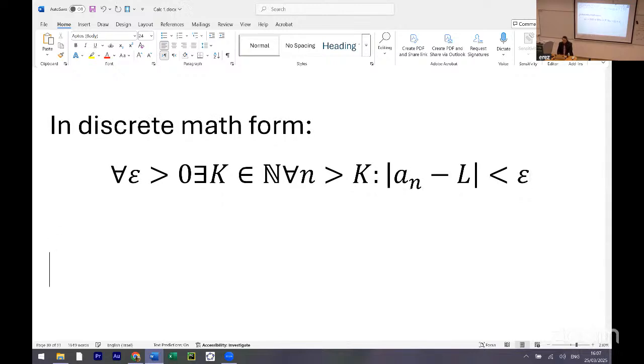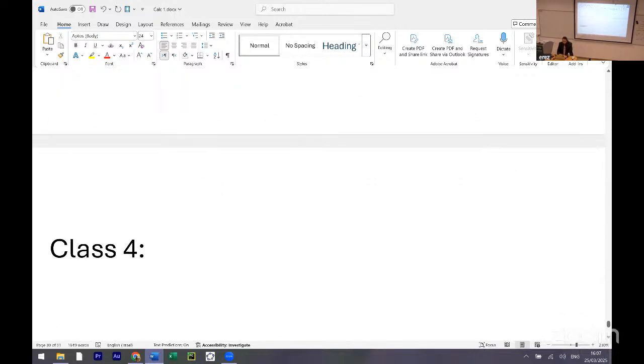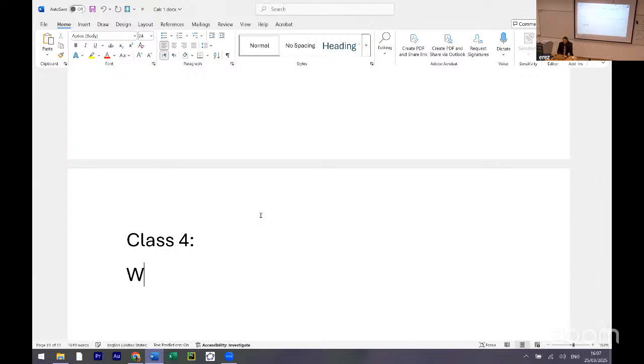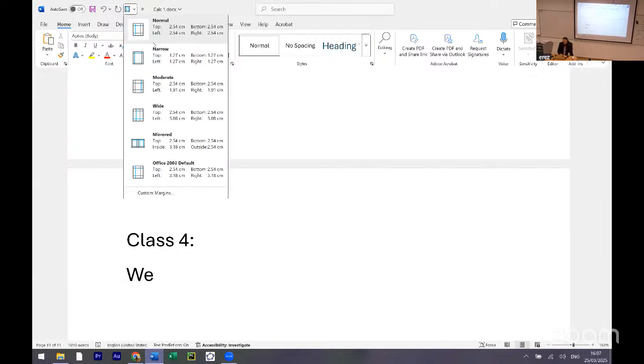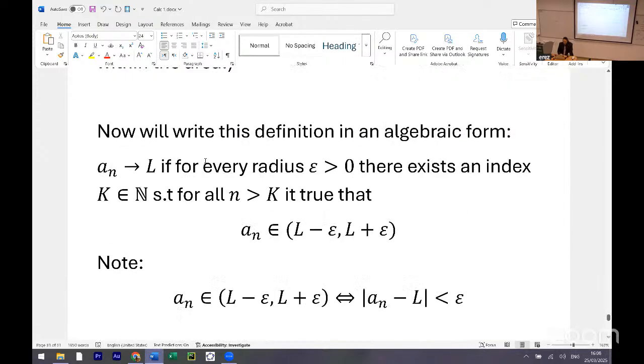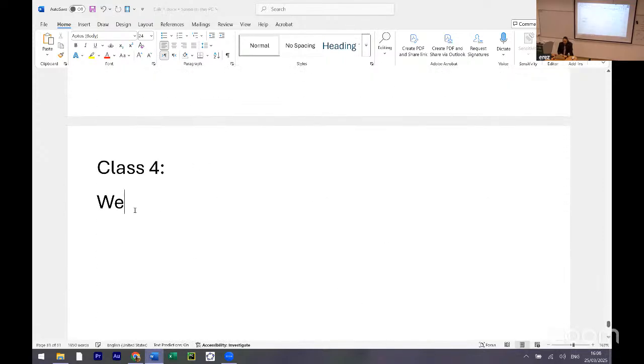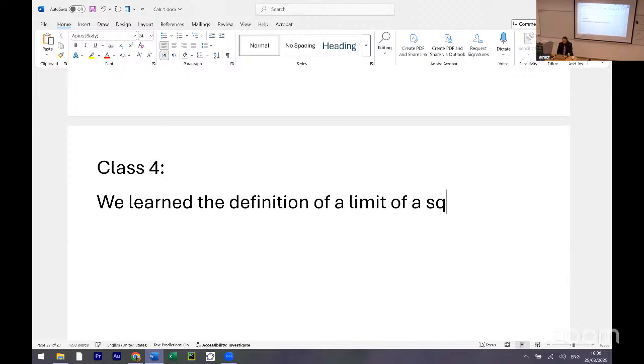Okay, so class 2, class 4. We learned, is it narrow? Didn't narrow this. Oh, okay. We learned the definition of a limit of a sequence.